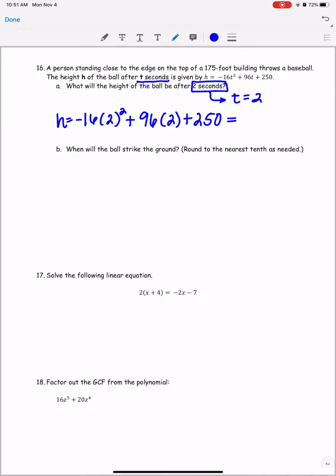Taking that equation, plugging in 2 for t. So let's plug that in our calculators. This is calculator work. And we get 378 feet.